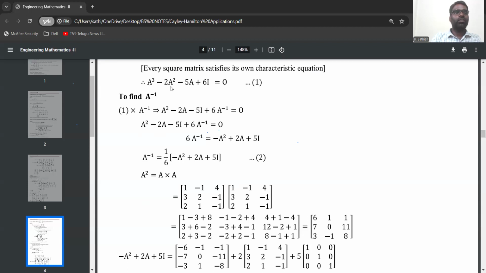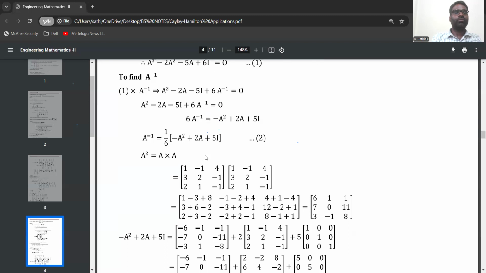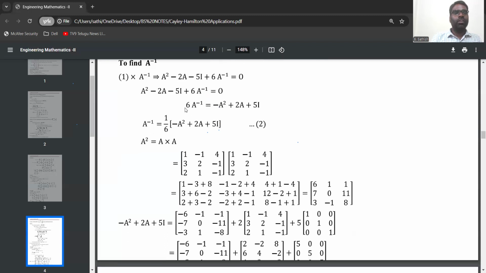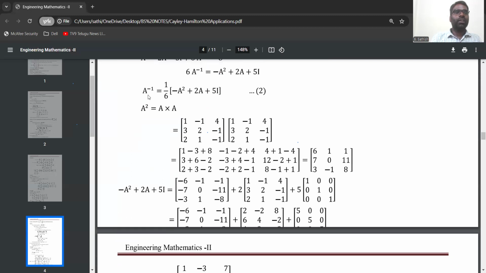So A square minus 2A minus 5I plus 6 A inverse equals 0. From this equation, pushing all these values to the right side, we get 6A inverse equals minus A square plus 2A plus 5I. So from that, we get A inverse equals 1 by 6 into minus A square plus 2A plus 5I.